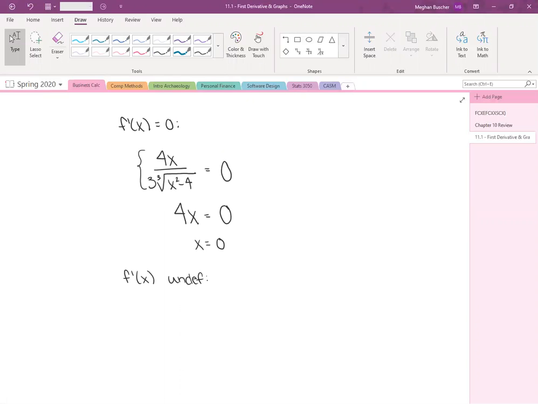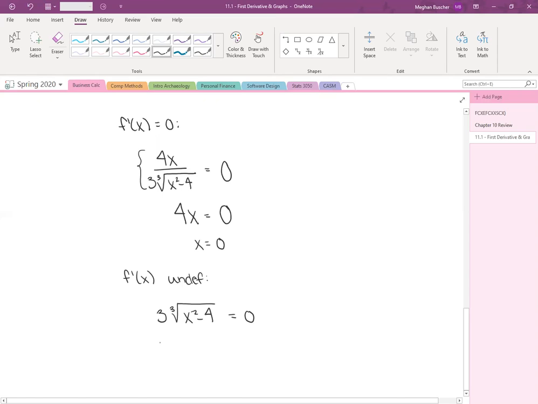Well, we did that up here. When we're looking for where the derivative is equal to 0, we set the numerator equal to 0. Oh, right. So it's the other way around. Exactly. So when we're looking for where the derivative is undefined, we set the denominator equal to 0, because we know that we can never divide by 0.